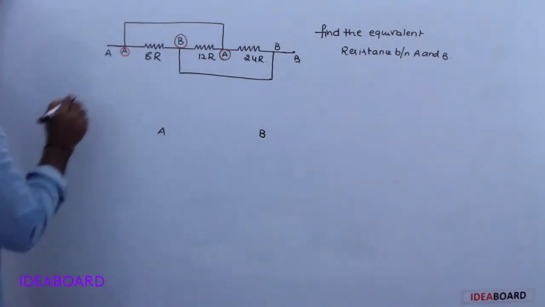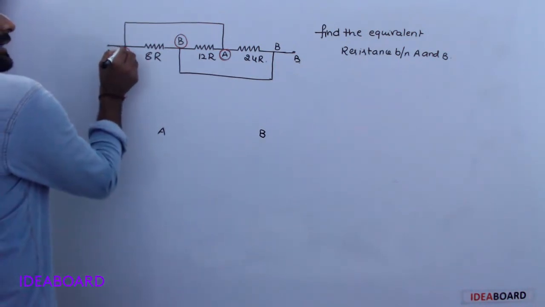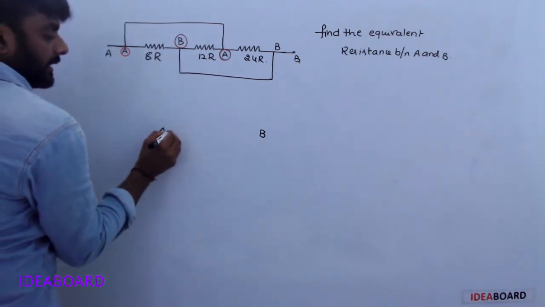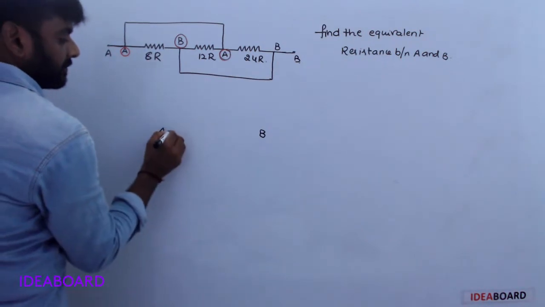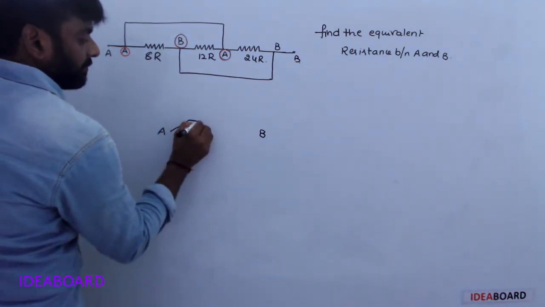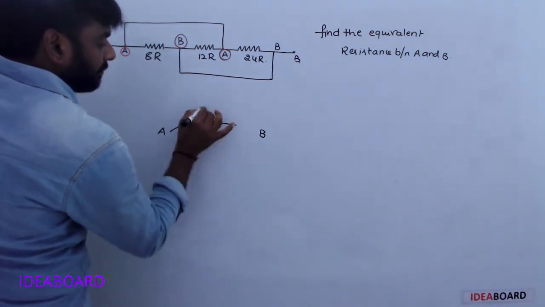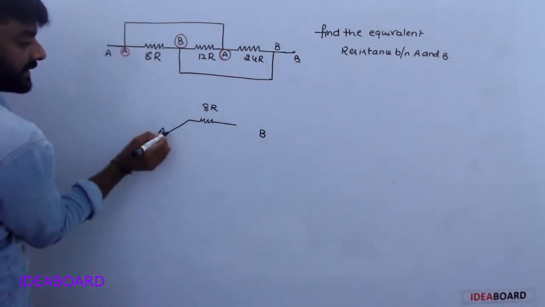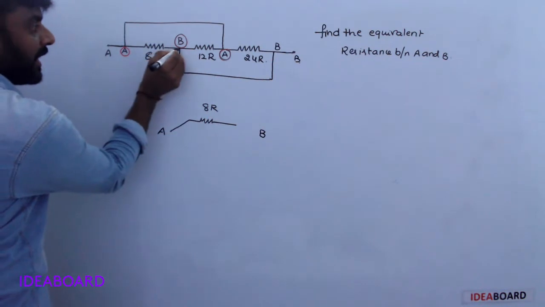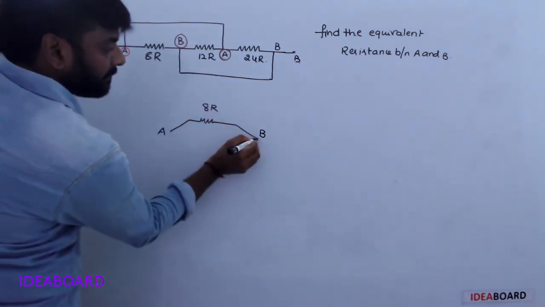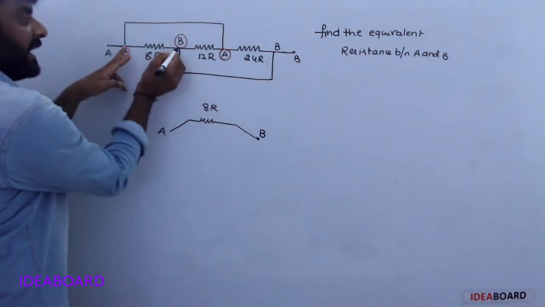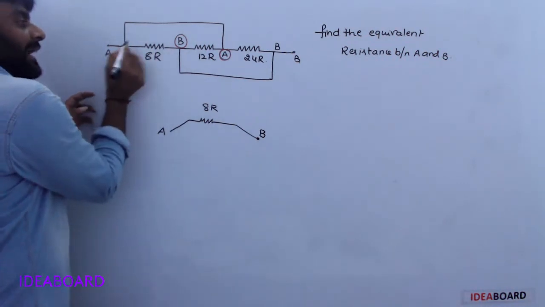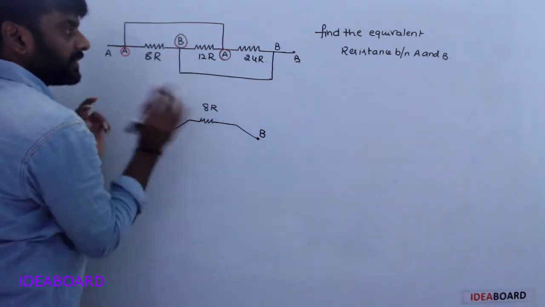First of all, A. There is an 8R, which is connected at A at one point, and another point is connected to B. Understood?